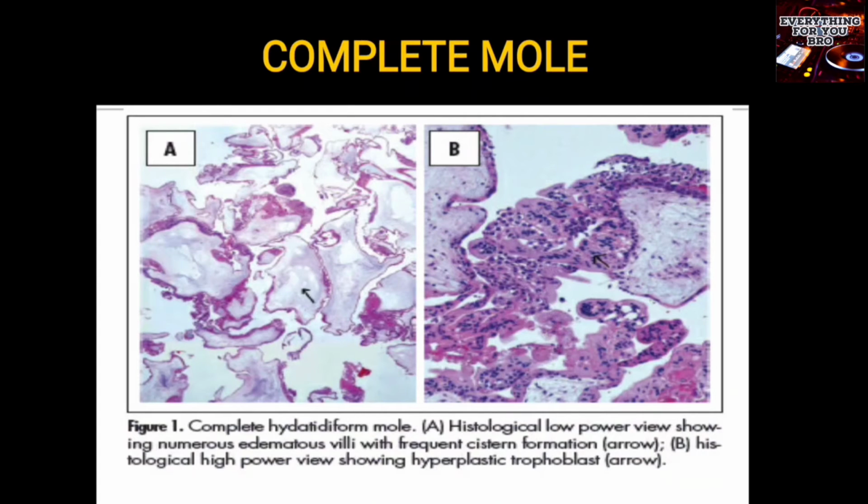Here again in A, low power is showing enlarged, dilated, edematous villi, hydropic degeneration of the villi. In photo B, you can appreciate hyperplastic trophoblast. Trophoblastic hyperplasia is very much evident.